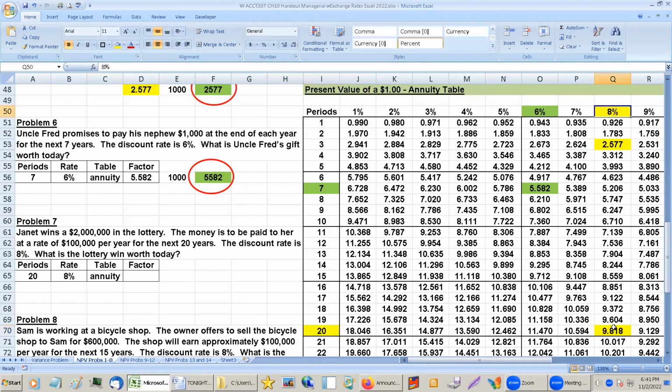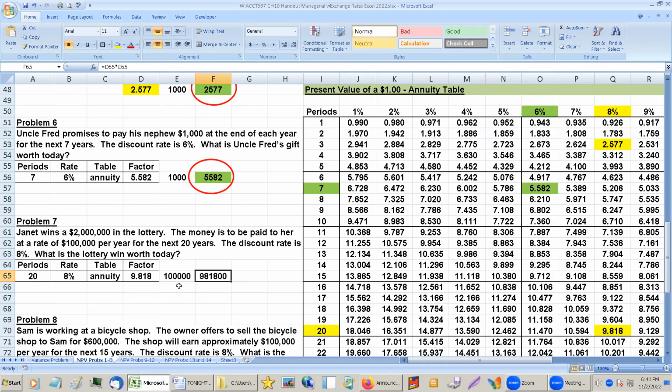Okay, so 8% for 20 years, 9.818. Times 100,000. $981,000.